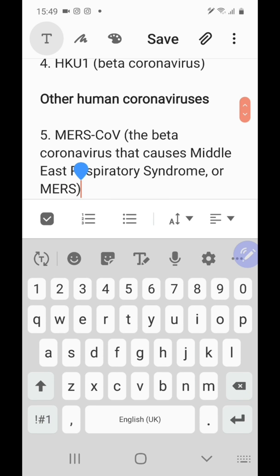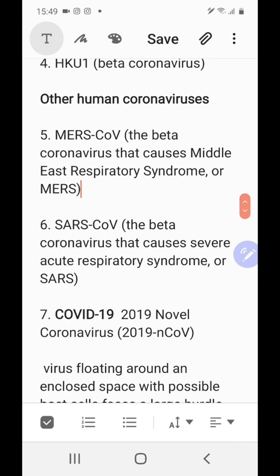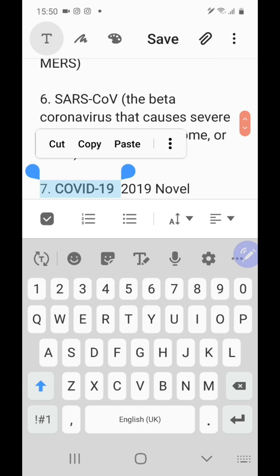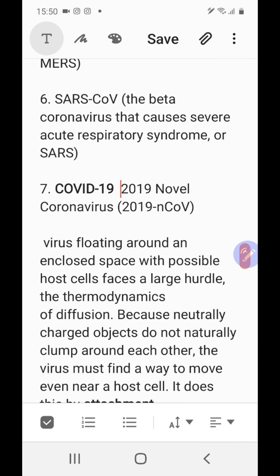Some other viruses just attack the nose cells, but certain viruses, including COVID-19, attack the lung cells.